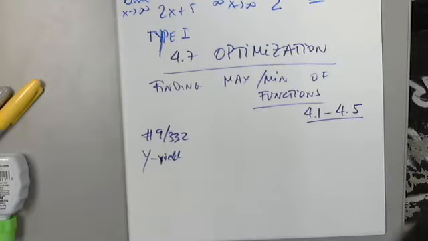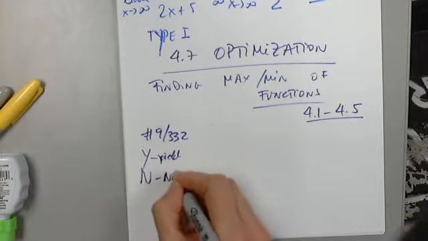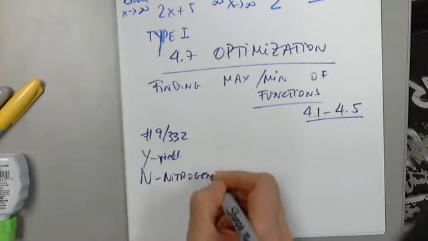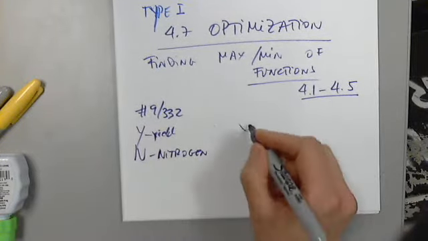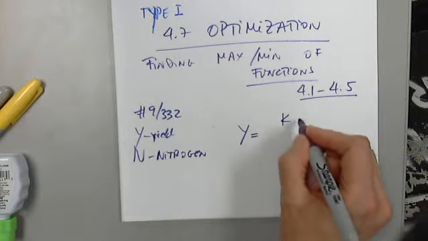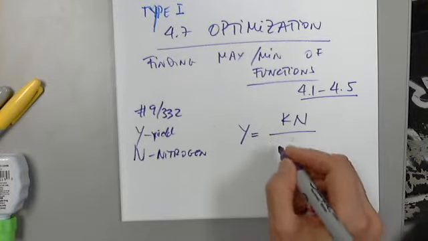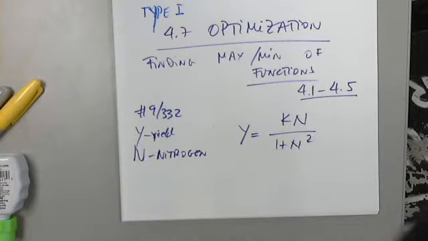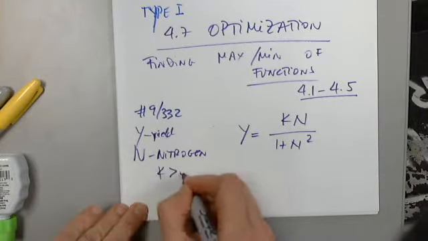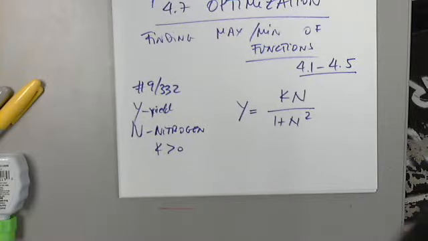So N is nitrogen. Okay, here's the function. Y equals K times N divided by 1 plus N squared, where K is a positive constant. Fine. What nitrogen level gives the best yield?